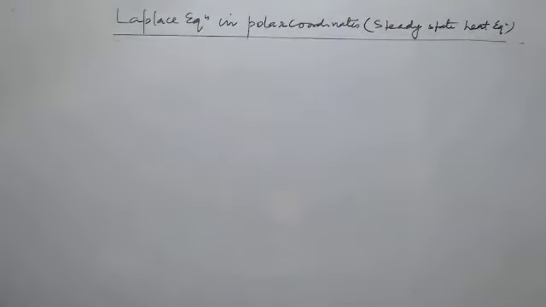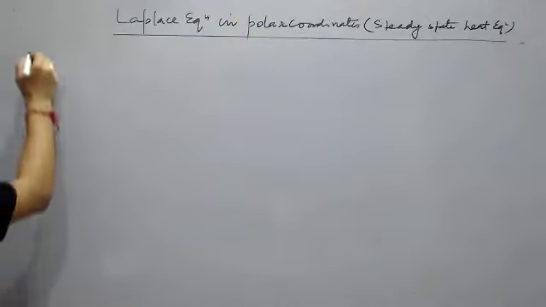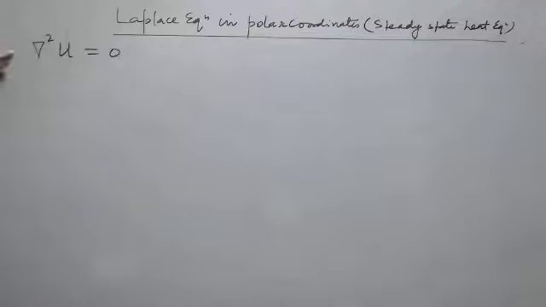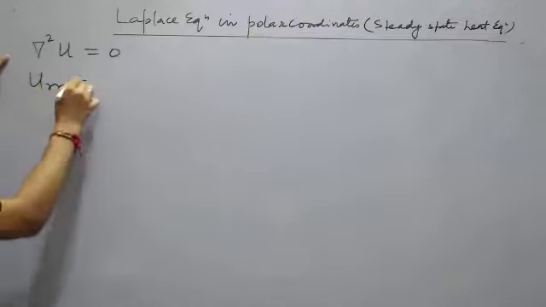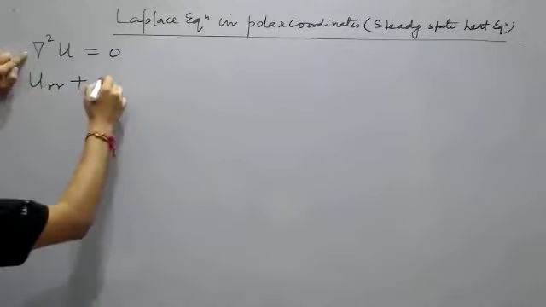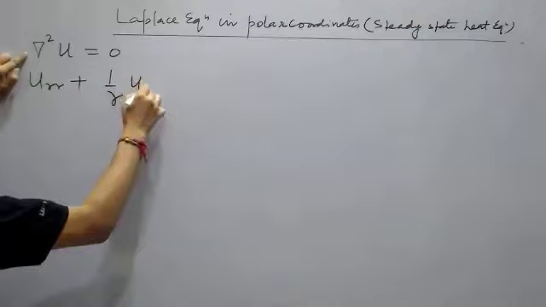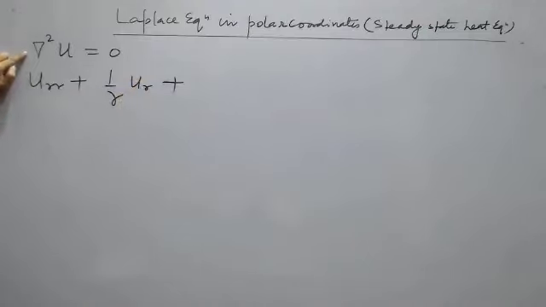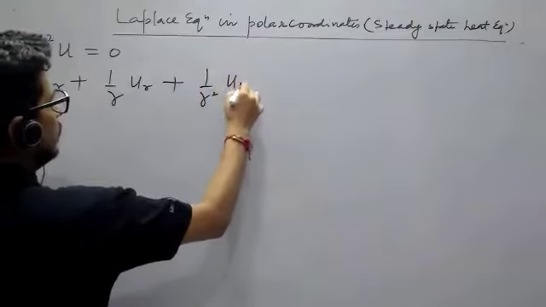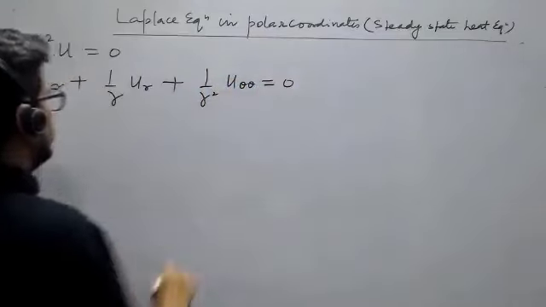So let me write the Laplace equation first, that is given by del square u is equal to 0, and now this time I want to write it in polar coordinates. So del square I will write in spherical polar, so that will be plus 1 by r ur plus 1 by r square u theta theta is equal to 0.